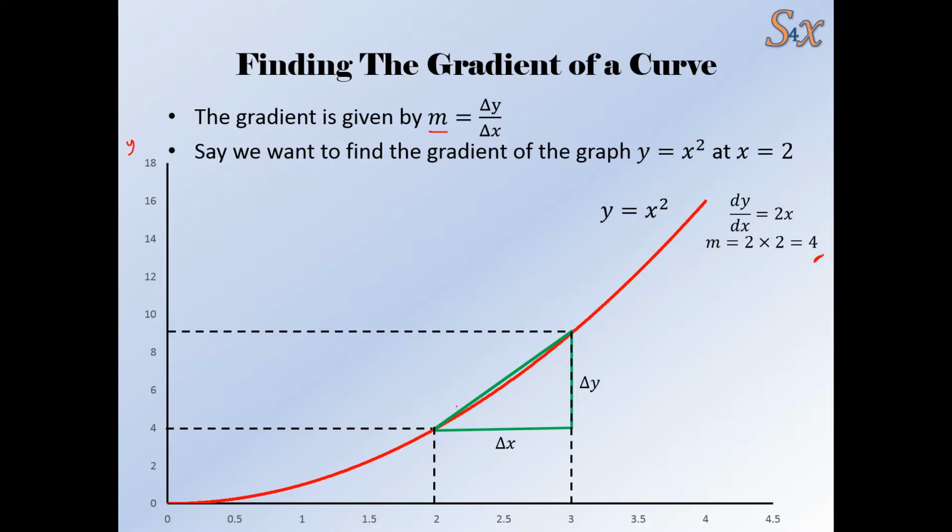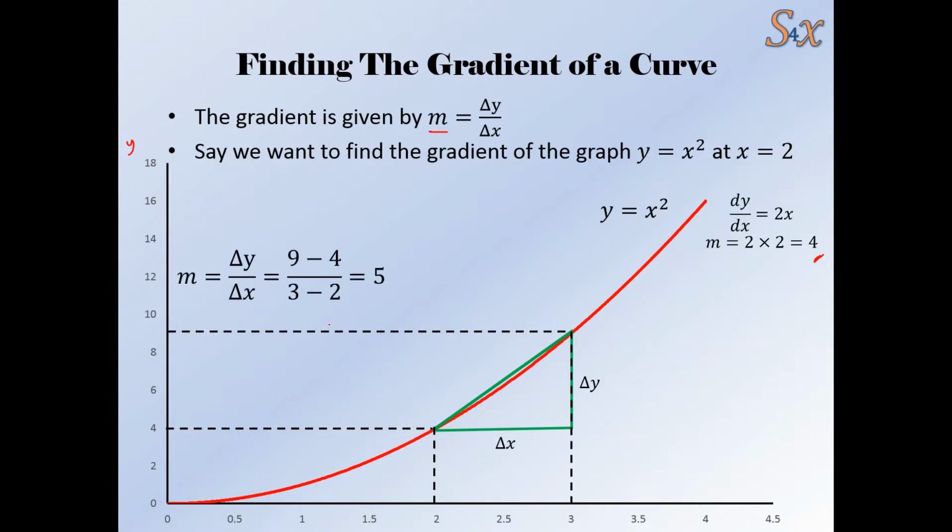Okay, so basically I've just drawn a triangle here and we're saying, okay, we want to approximate the gradient at x equals 2, so I'm going to look at this straight line between x's 2 and 3. Delta x is between 2 and 3, right? So it's going to be 1. And delta y goes from 4 to 9, so it's going to be 5.